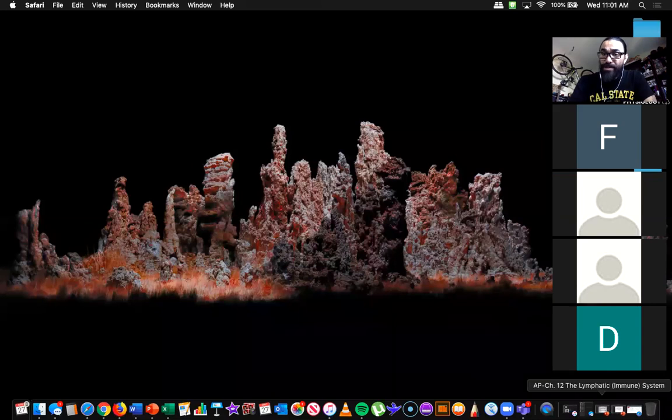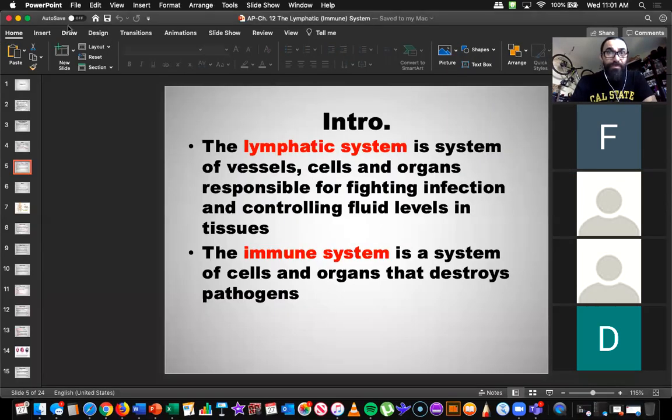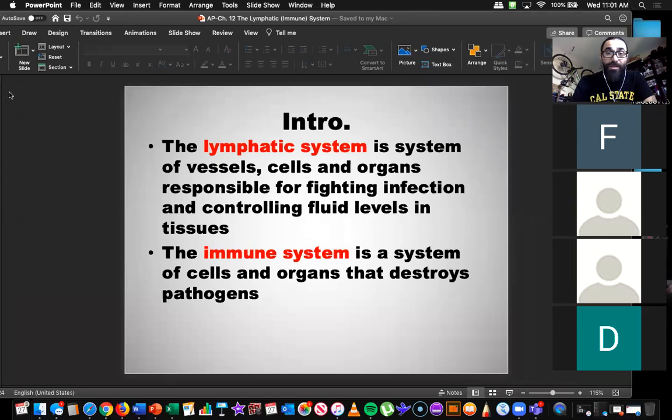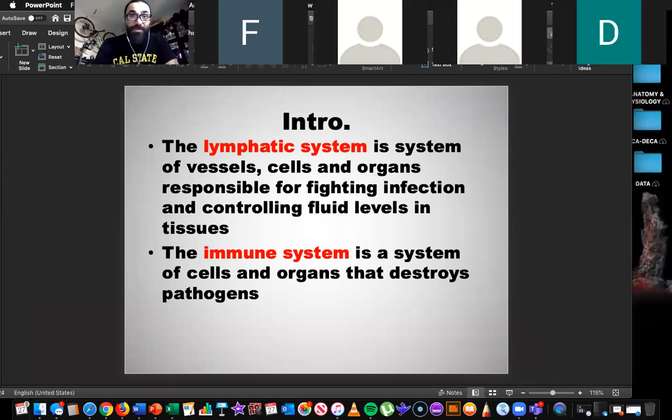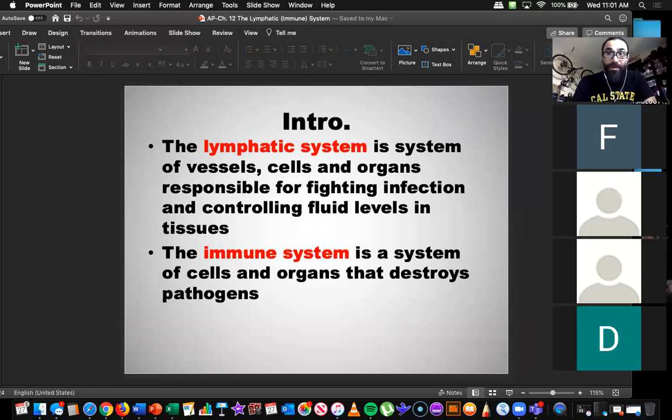Like I had just said before we started, this is the last module. This module covers the lymphatic and the immune system, which are kind of lumped together. The reason is, like Daniel told us, they kind of do the same thing, but they're not the same thing.